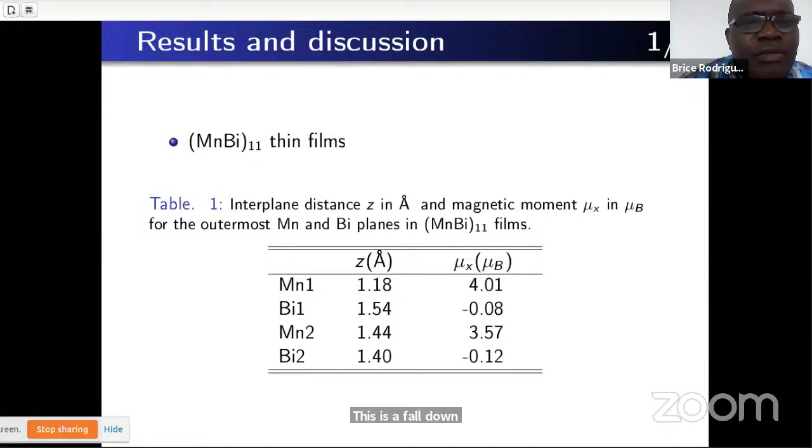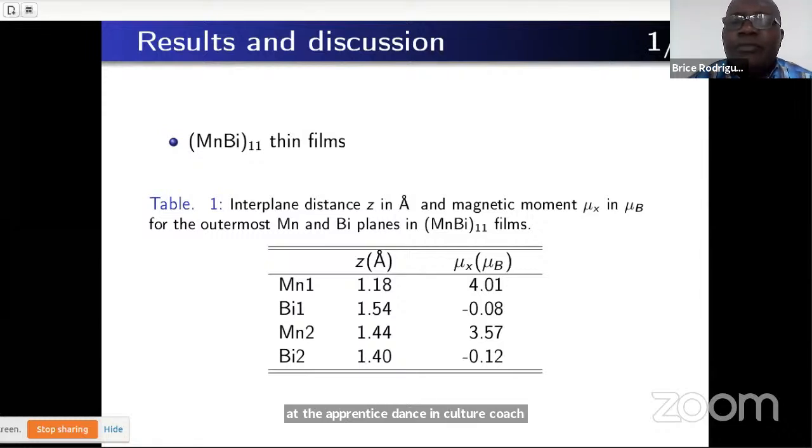In this Table 1, we present the interplane distance in angstrom and the magnetic moment in μB for the outermost Mn and MnBi planes for the MnBi system.